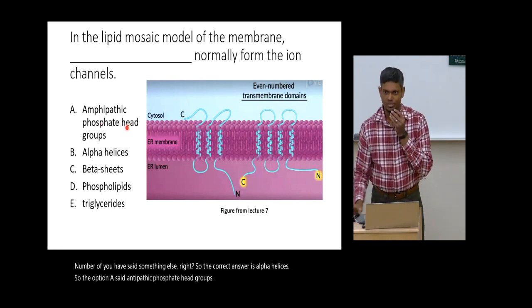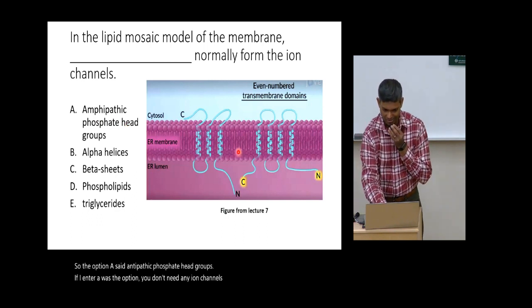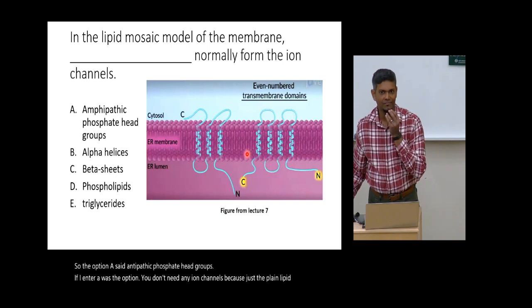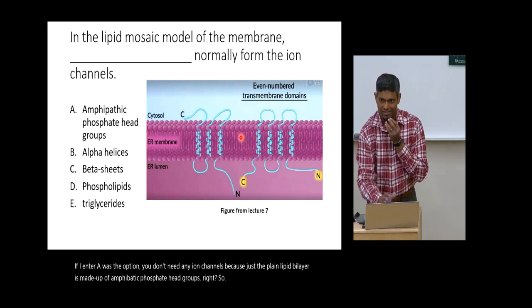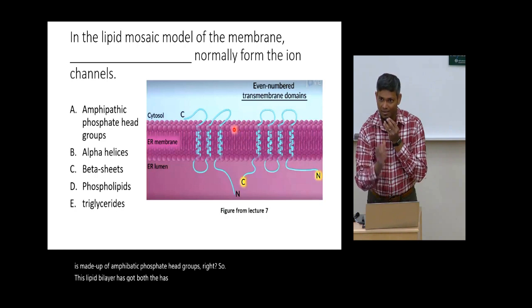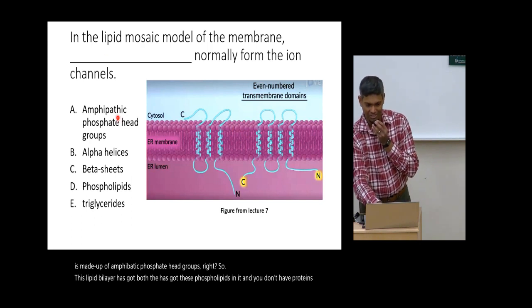If A was the answer, you wouldn't need any ion channels, because the plain lipid bilayer is made up of amphipathic phosphate head groups. This lipid bilayer has these phospholipids in it, and you don't have protein channels made of just these phosphate head groups.